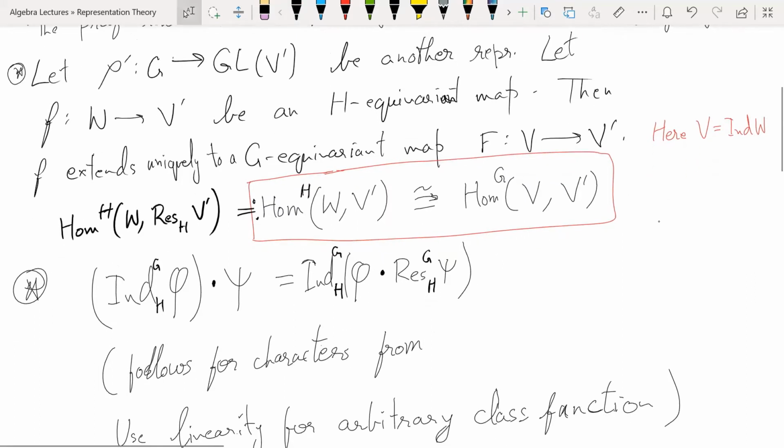So how does this follow? If phi and psi are actually characters corresponding to some representation, then this we have seen. What is the left hand side if phi is a character of a representation?